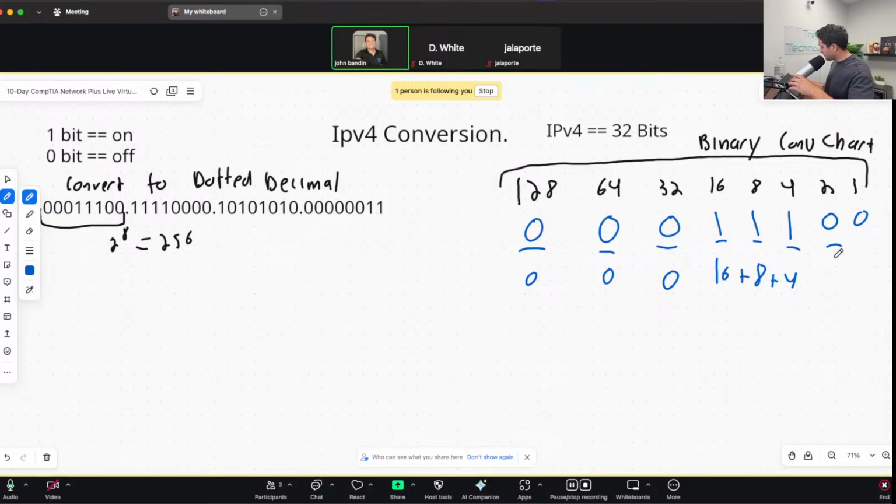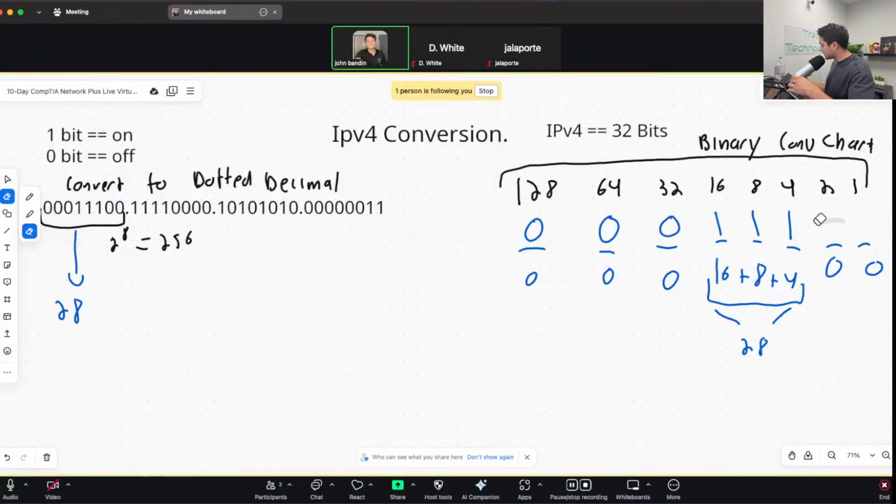We have to add those up. We add up our 1 bits, and that's going to give us our number. So 16 plus 8 is 24. 24 plus 4 is 28. So our first octet here is 28. That's how we convert to dotted decimal.